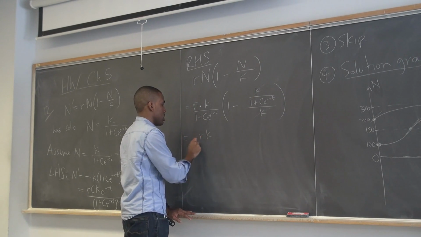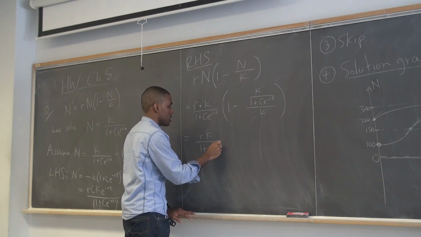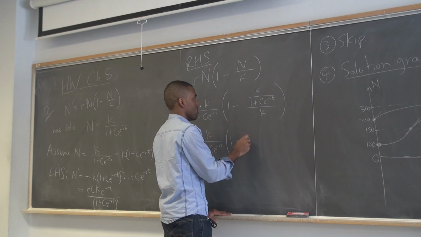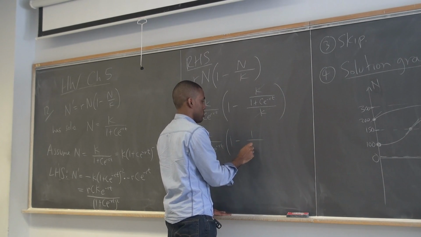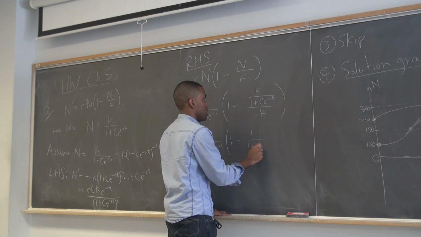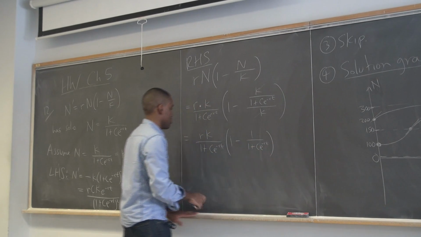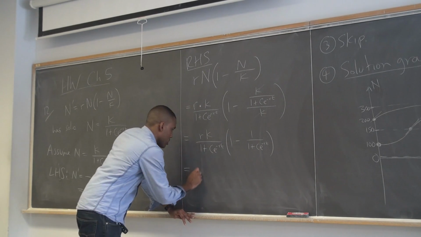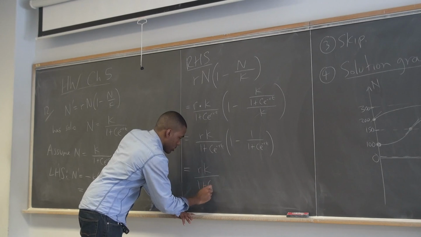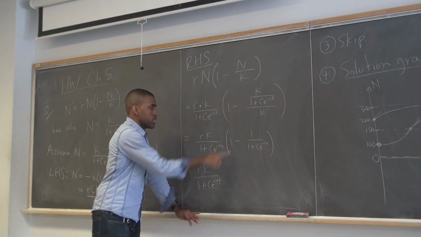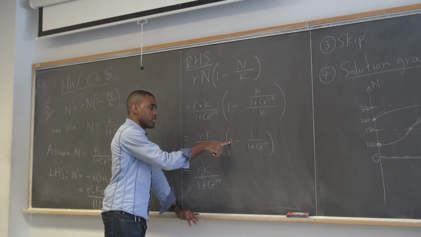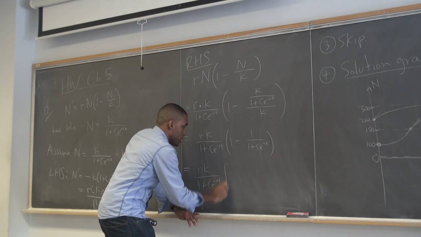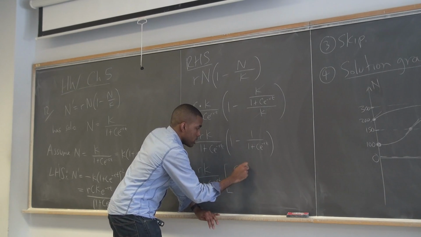So we have rK/(1 + ce^(-rt)) times (1 - 1/(1 + ce^(-rt))). Here I can create the common denominator. I can think of 1 as (1 + ce^(-rt))/(1 + ce^(-rt)), and then I subtract 1, which leaves me with ce^(-rt) in here.